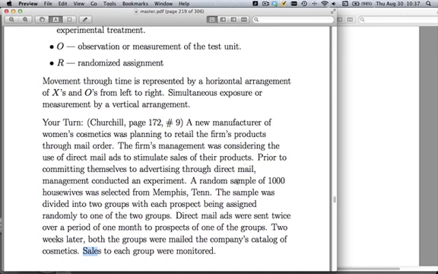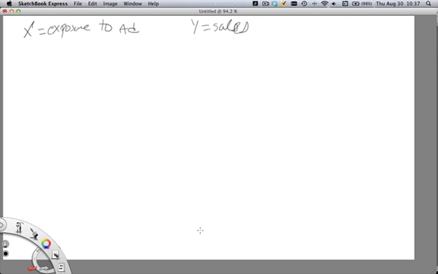And in this case, there is a control group. So the sample was divided into 2 groups, with each being assigned to one of the 2 groups. So the direct mail ads went to one of the two groups. The control group did not get any ad. So we have a treatment group and we have a control group.